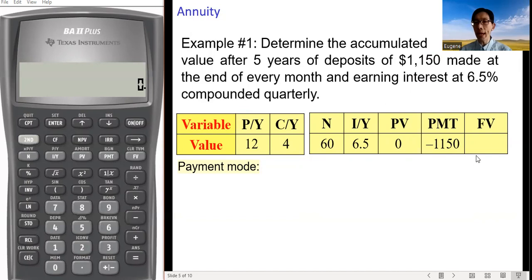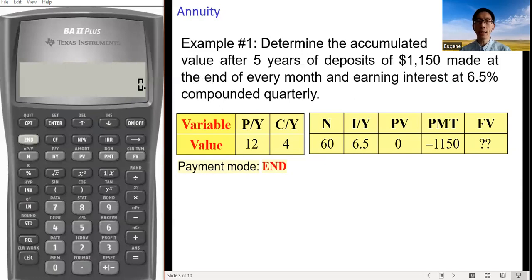And then the variable FV, this is asked in the question. For annuity problem, we need to specify the payment mode, the payment timing. In this question, the deposits are made at the end of every month, so the payment mode is end.